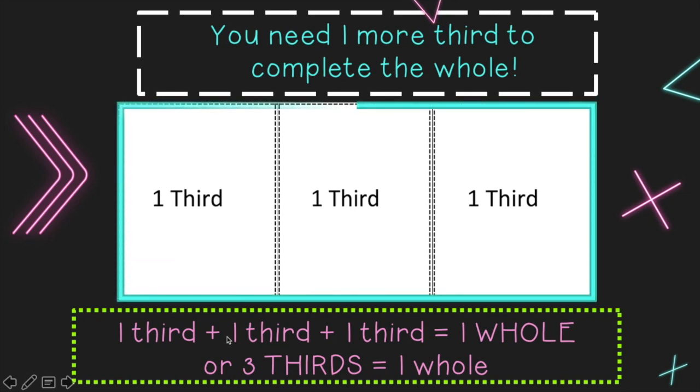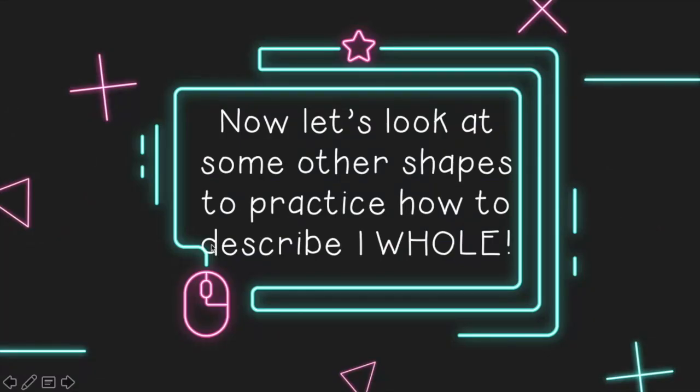So now you can see that rectangle shape. And now we say 3 thirds because there are 3 parts in this rectangle that create 1 whole. So 3 thirds also can equal 1 whole if you have 3 total parts. So now let's look at some other shapes to practice how to describe 1 whole.